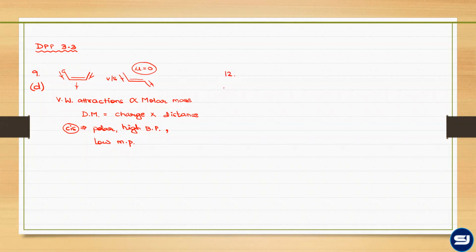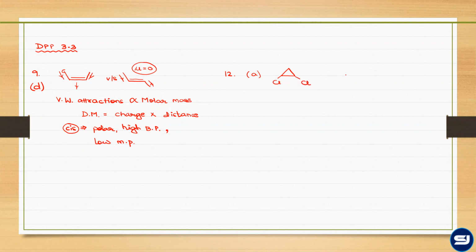12th one, in which option can all compounds show geometrical isomerism? Is option A correct for this? All compounds show GI. First one is 1,2-dichloropropane.